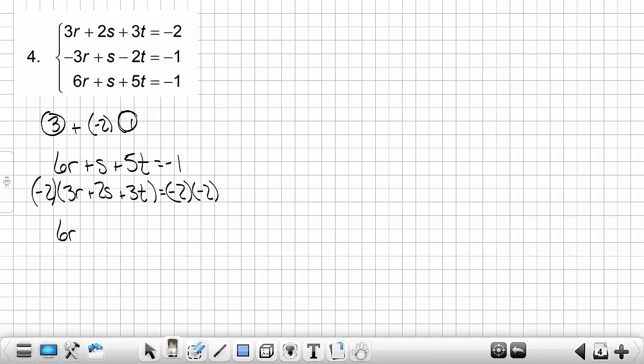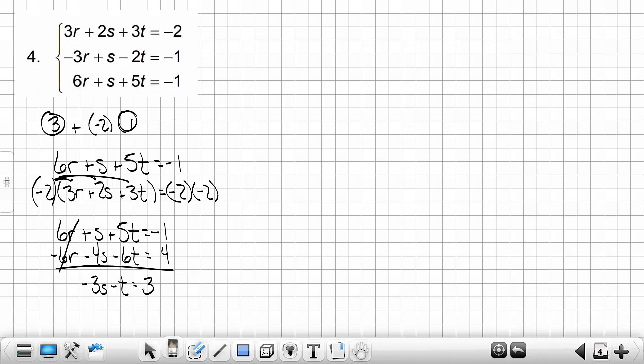Rewrite, I have the top equation, 6r plus s plus 5t equals negative 1. The bottom one I'm distributing. So I'm going to get negative 6r minus 4s minus 6t is equal to positive 4. My r's cancel as I want. I get negative 3s minus t is equal to 3.